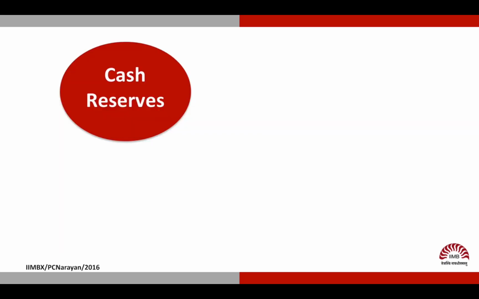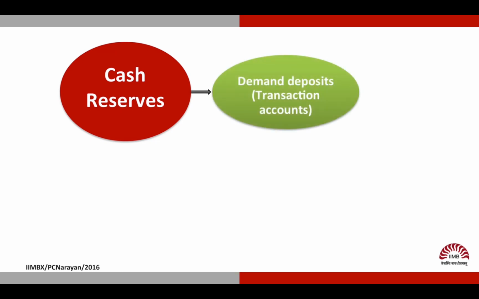Cash reserve computation will cover only demand deposits or transaction accounts as they are commonly referred to. That means those accounts where the customer, the account holder, is allowed to make withdrawals and deposits at his or her discretion.